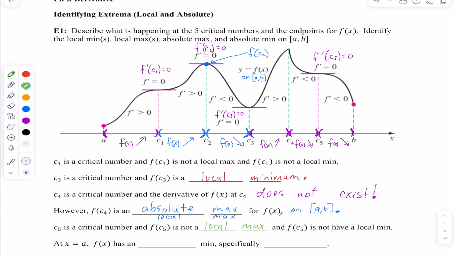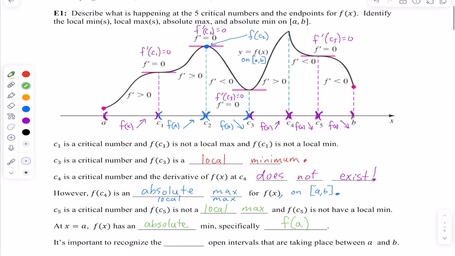At x equals a, just by using the extreme value theorem, we can see that it has an absolute min. Specifically, the absolute min is f evaluated at a. So notice every little symbol here represents a little bit more of the story or a little bit more of the big picture.